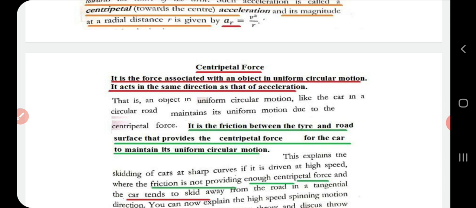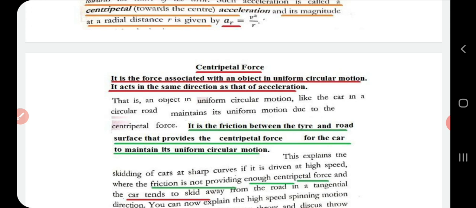Now suppose that a car is moving along a circular road, then we say that it is in uniform circular motion, and the car maintains that motion due to centripetal force. Now from where does this car get the centripetal force? It is provided by the friction between the tire and the road surface.